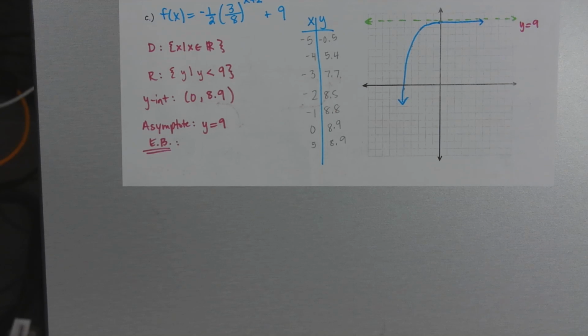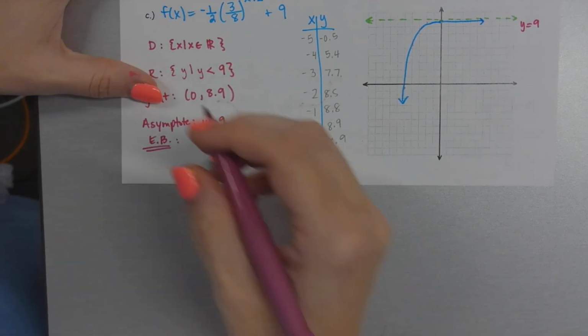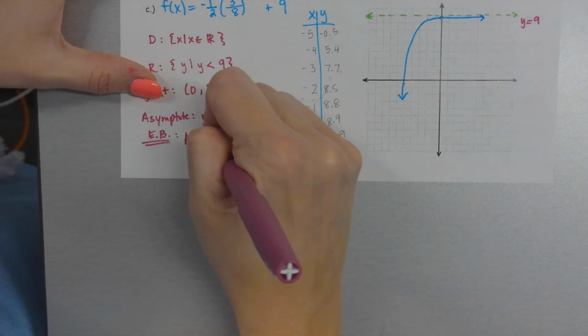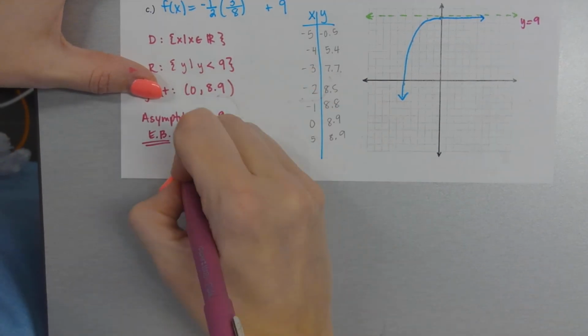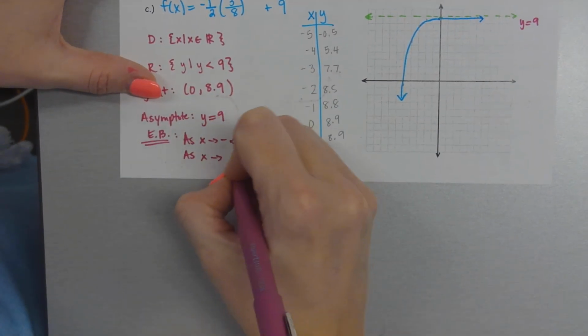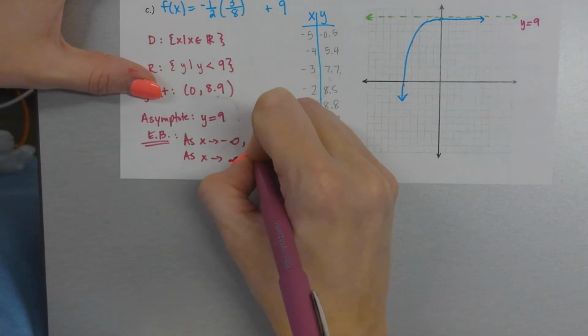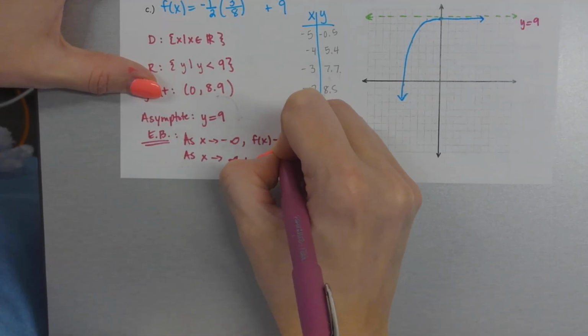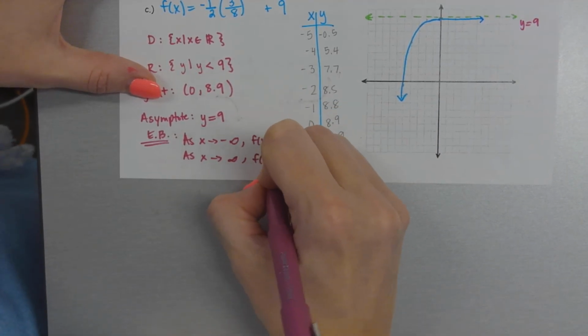Okay, and then your end behavior, you can always start with as x goes to negative infinity and as x goes to positive infinity. Okay, where do the ends go?